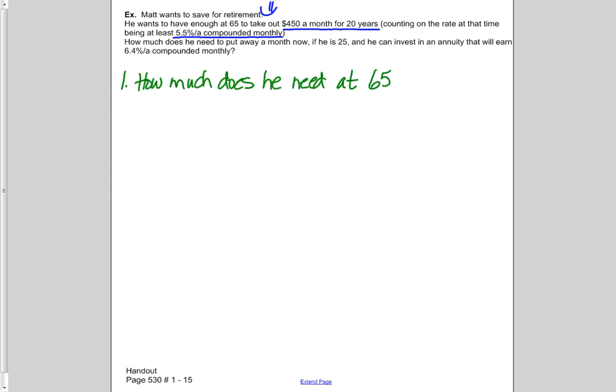And then we'll figure out how he's going to get there. When he is 65 years old, he wants $450 a month for 20 years monthly. He is assuming he can get 5.5% monthly.